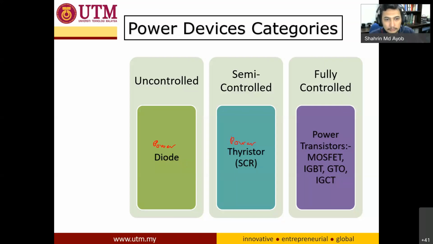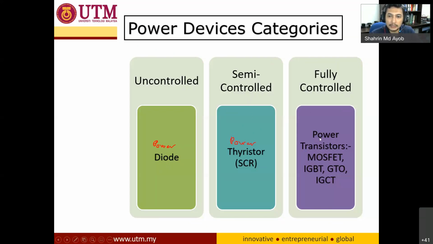We categorize these devices into three. The first is uncontrolled, meaning that we cannot control the diode. It depends on the forward bias or reverse bias of the circuit. The second is semi-controlled: we can control the on state only, but to turn off, we cannot control.